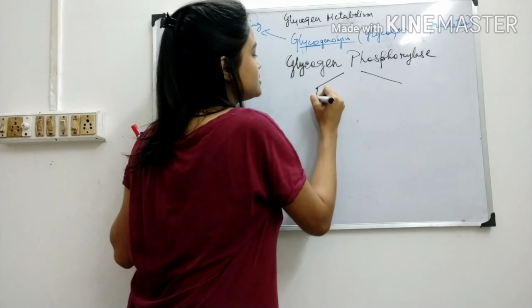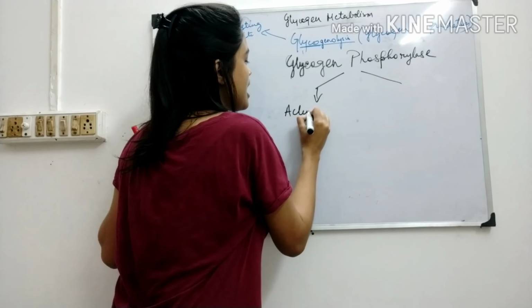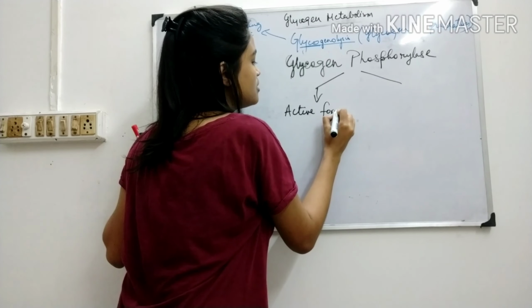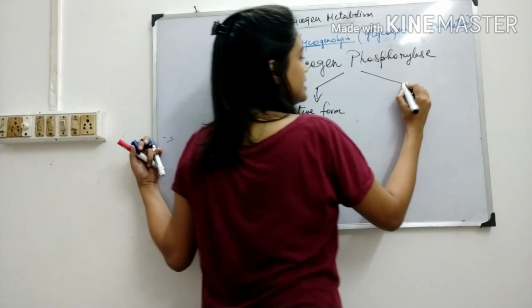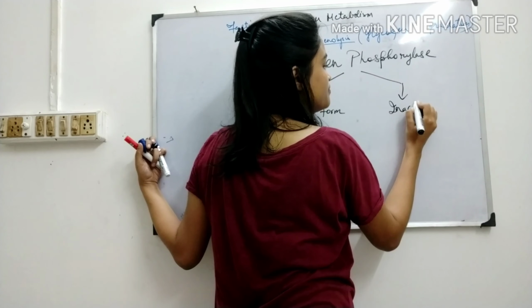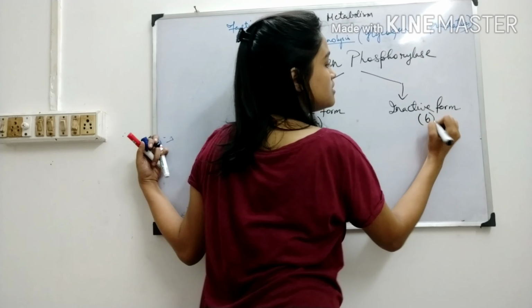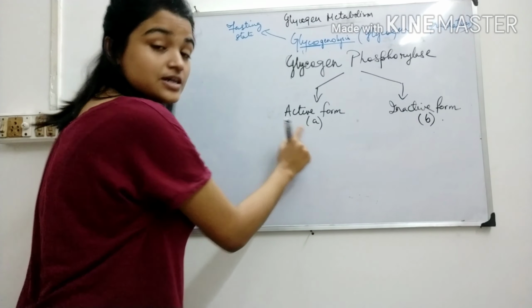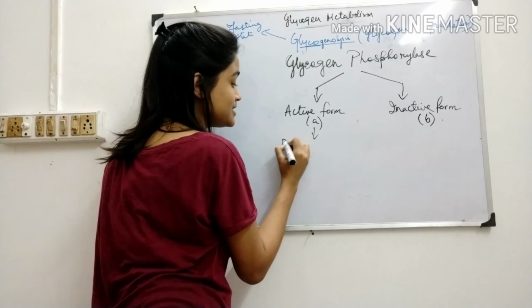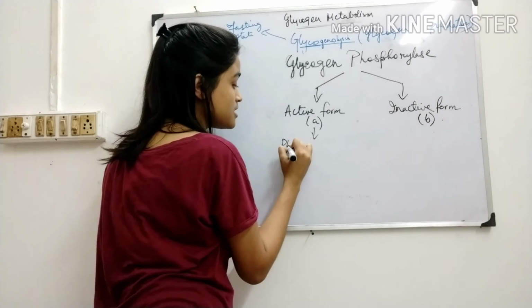It also has two forms: active form, which is A, and inactive form, which is B. Now this active form in this case is phosphorylated, and the inactive form is dephosphorylated.